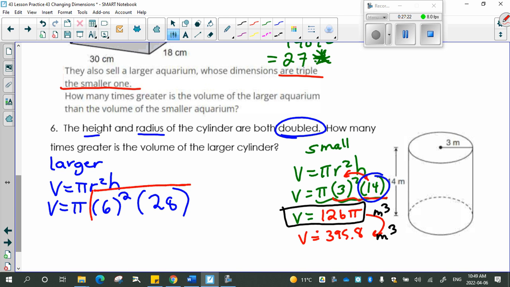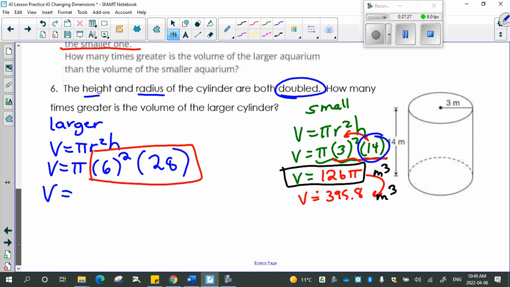And then if I just multiply these two together and get my volume in terms of pi, I get 1008 pi, or approximately 3,166.7.